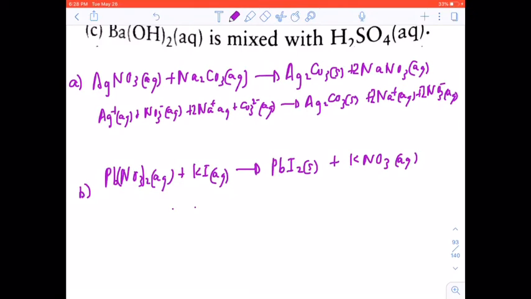And which means this would have to be 2, and then that would have to be 2, right? So you've got 2Na, 2Na, 2 nitrates, and you've got CO3 on both sides. Okay.